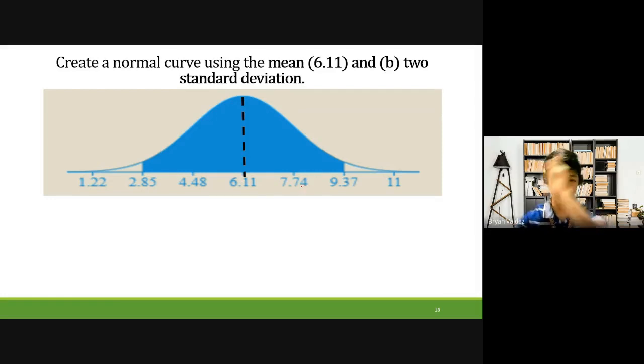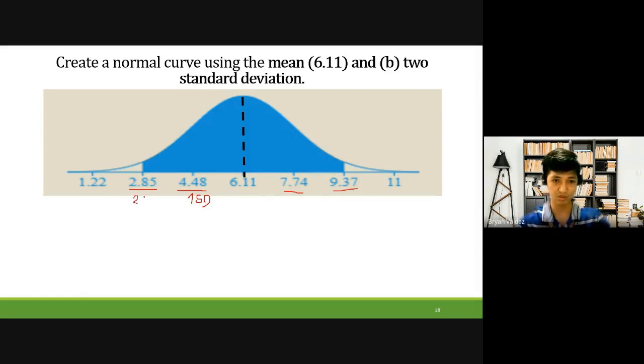And then, kailangan pa natin magdagdag ng isa pa. So, plus another standard deviation, that is equivalent to 9.37. So, ganun din, 6.11 minus the standard deviation, that is 4.48. This is one standard deviation away, no? And then 4.48 minus the standard deviation, that's 2.85.